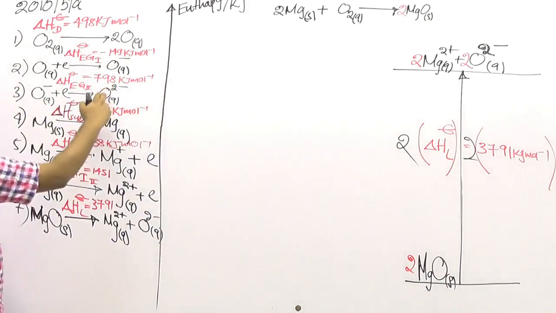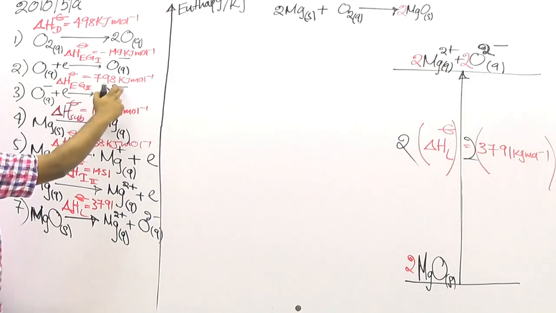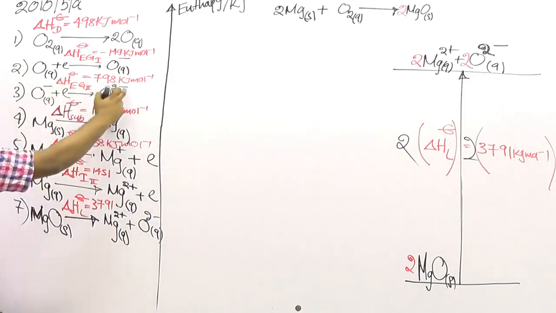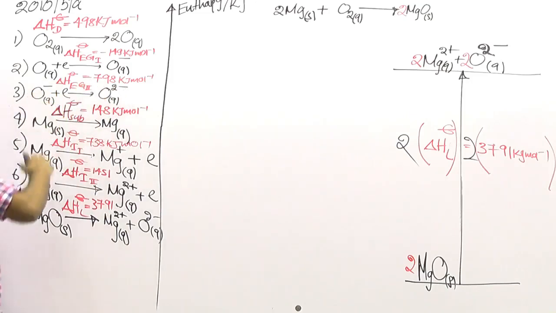To produce O2 minus, you need O minus and 1 electron.